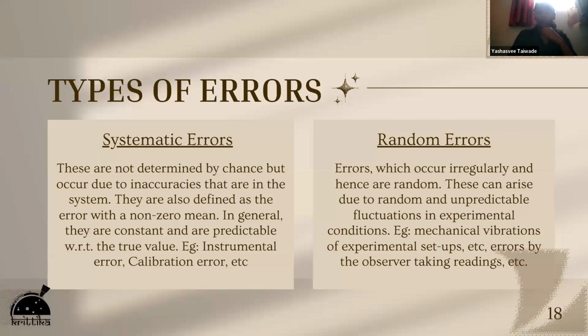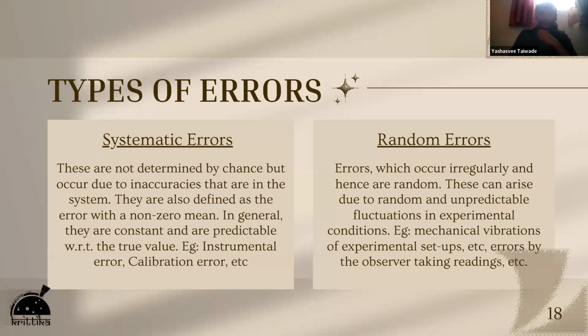With respect to some true value, they are always predictable. In all the instruments which you will deal with, or have already dealt with, you will see that there is always some sort of minimum error which can be calculated.